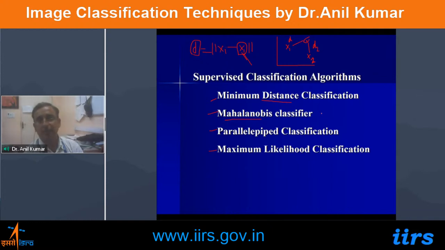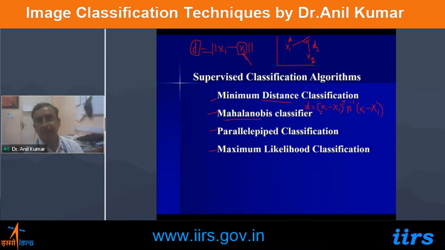I can write here: D will be the square root of (xi minus x1) transpose, A inverse, (xi minus x1).